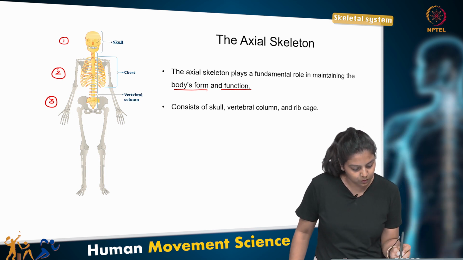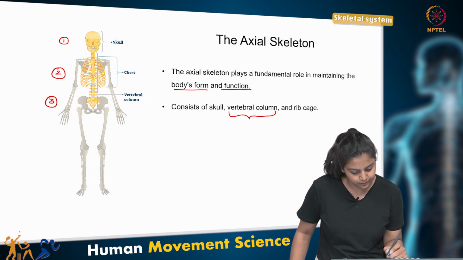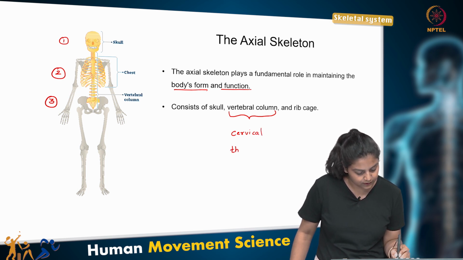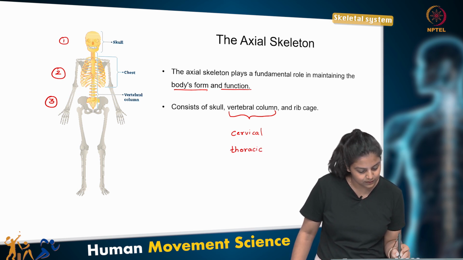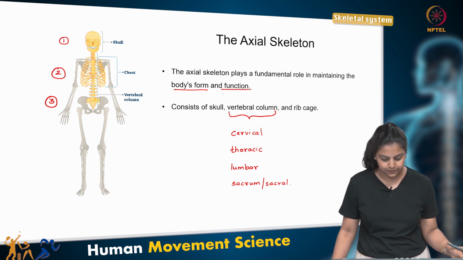So in the vertebral column, we have cervical vertebrae, we have thoracic vertebrae, we have lumbar vertebrae, and sacrum or sacral vertebrae.